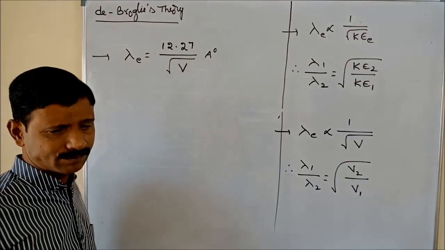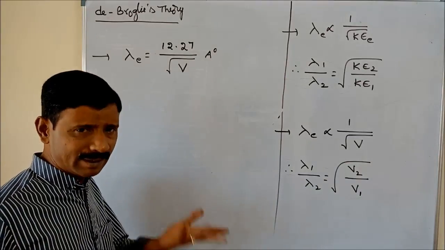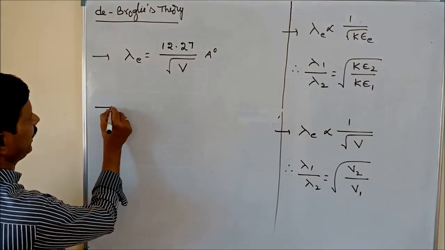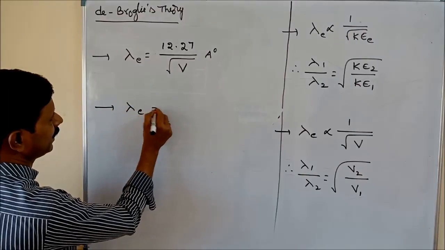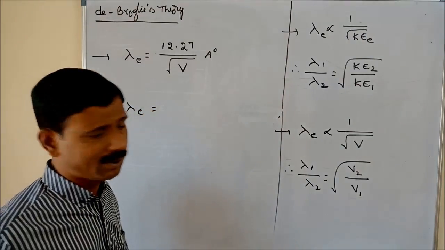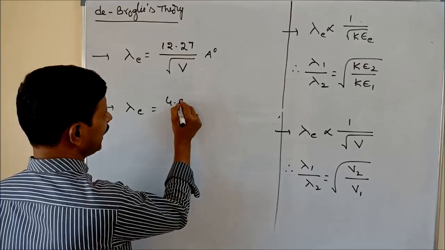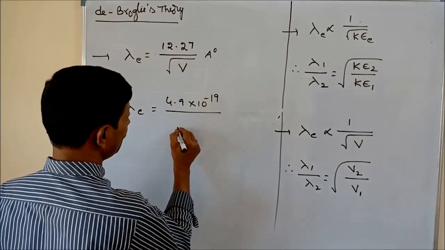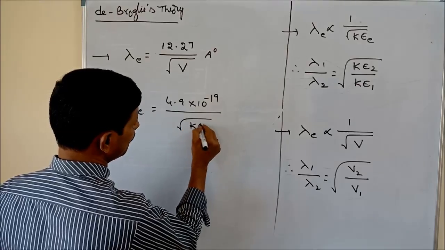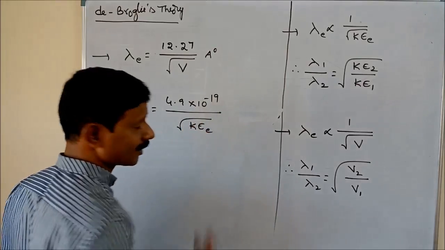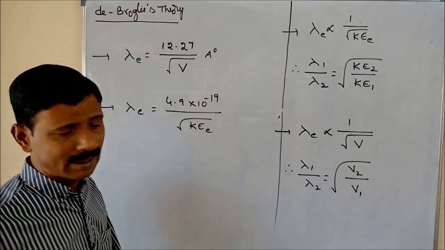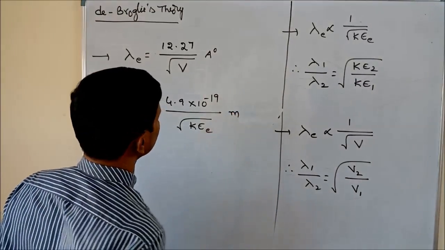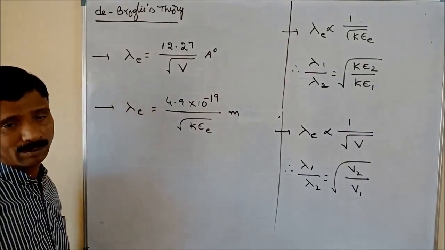Similarly, if they mention kinetic energy, the wavelength of the electron is 4.9 into 10 power minus 10 by root KE, and here we get it in meters. So just remember these two formulas.